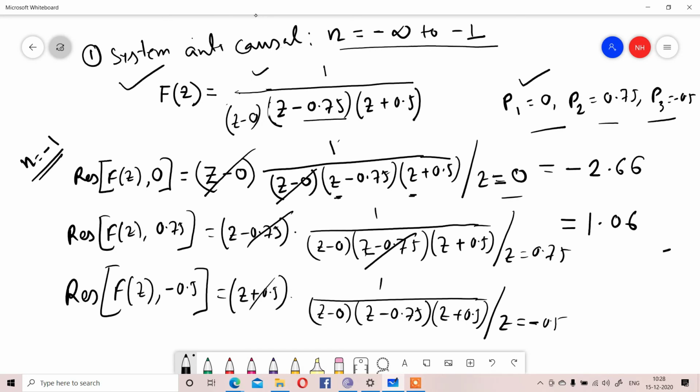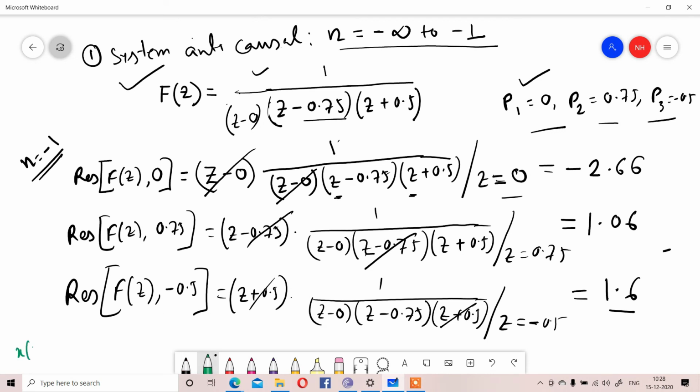So z plus 0.5 will cancel out. Again you will replace the value of z by minus 0.5, and if you solve it, the value will be 1.6.